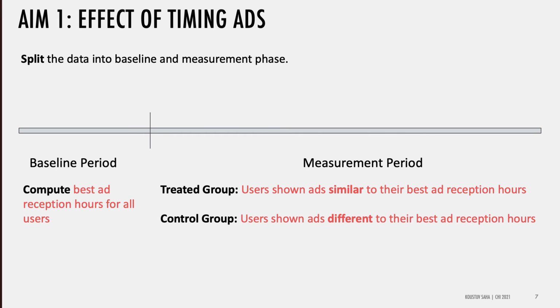To unpack this a little bit more, we compute the best or preferred ad reception hours of users in the baseline period, and in the measurement period, we define treated and control groups based on how they were shown ads with respect to their baseline ad reception hours.